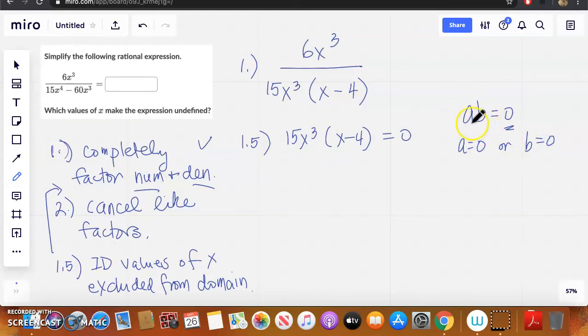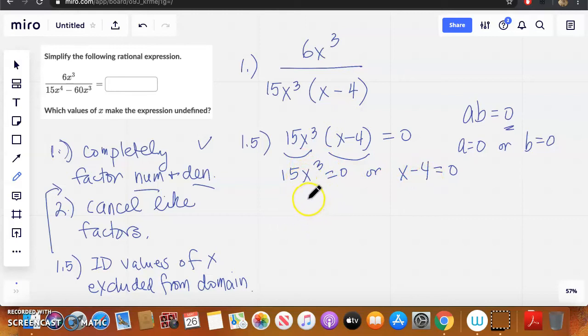One of these factors has to be 0 if our product is 0. So likewise, either 15x cubed has to be 0 or x minus 4 has to be 0.